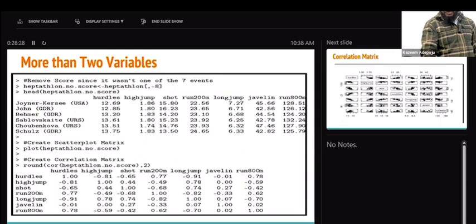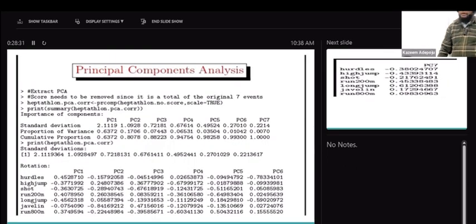Now, because we got 7 original explanatory variables, we constructed 7 principal components, PC1, PC2, up to PC7. If you take a look at the standard deviations, 2.1119, 1.0928, and so on, when I square the standard deviation, that will actually be lambda 1 for PC1, lambda 2 for PC2, which represent the variance of the principal component.